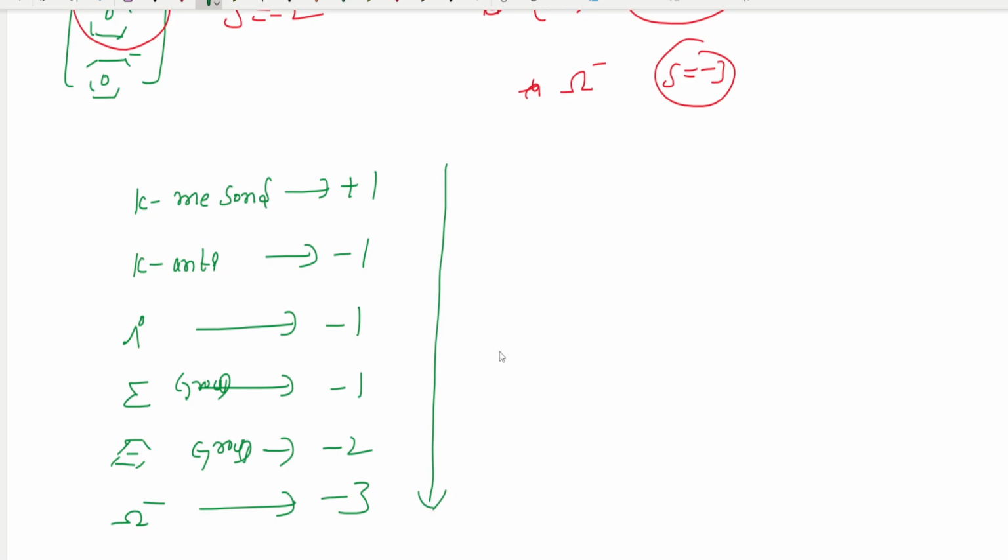So this is how we need to find the strangeness number. After that, we want to discuss some applications of identifying the missing particle by using charge, lepton number, baryon number, hypercharge number, I3 component, and the I component, I mean isospin third component, and strangeness number.